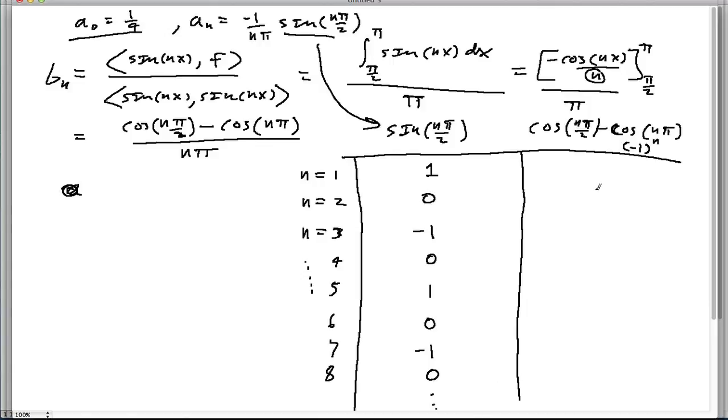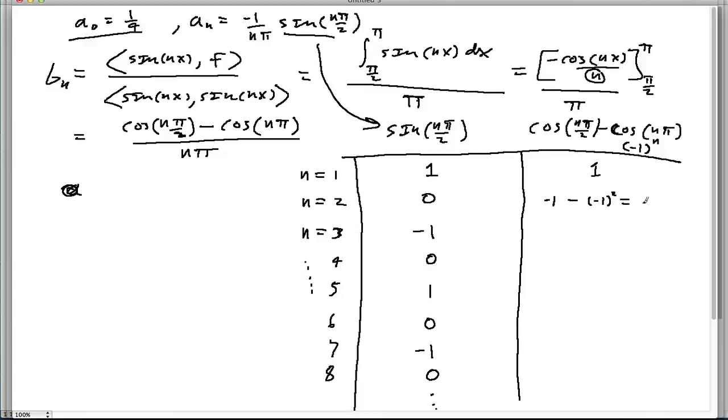Here's another pattern, maybe slightly more complicated, so we'll write this down. When n is equal to 1, cosine pi halves is going to be 0, and this is going to be -1, so it makes it +1. Good. Now for n equals 2, we have a cosine of pi, so that becomes a -1, minus (-1) to the second power, which is +1.